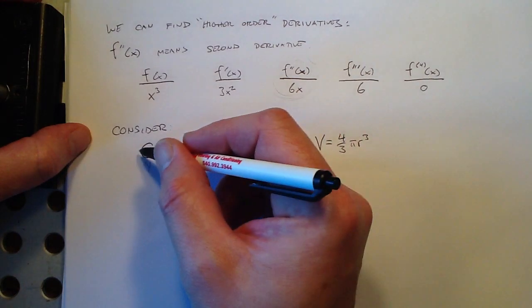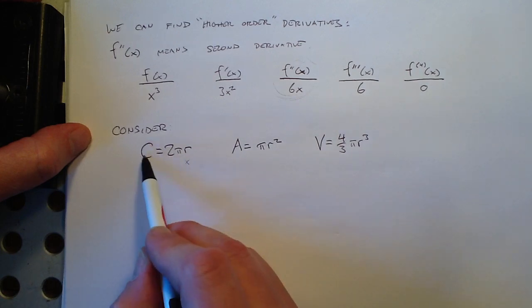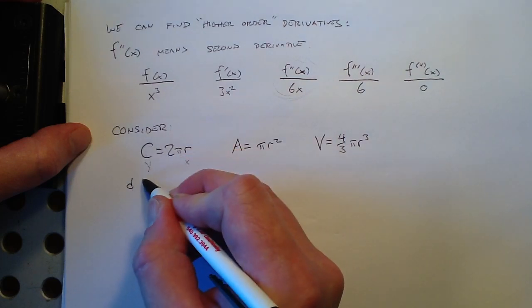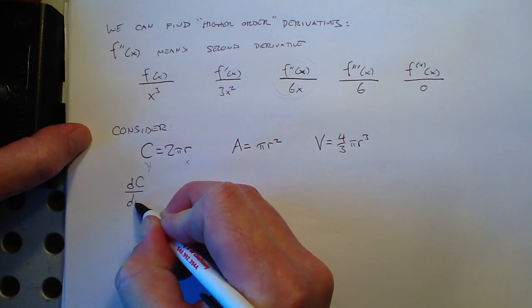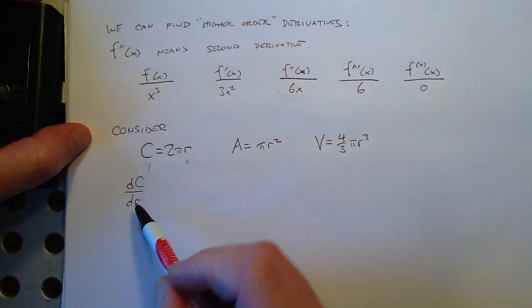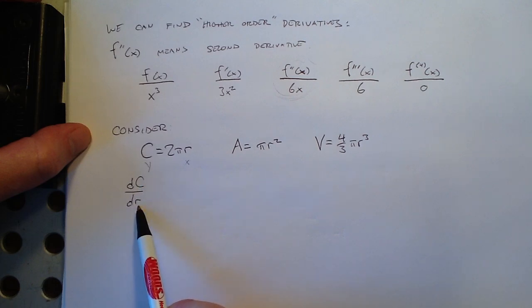Right? So we could say the derivative of this, we can't use y's and x's because there aren't any, but this is where the y would be. So instead of dy dx, I could say dc dr. Right? And we read this as the derivative of c with respect to r.